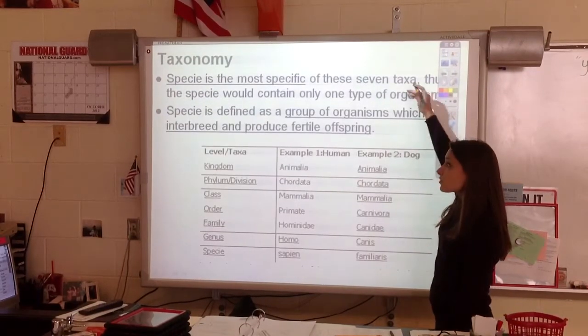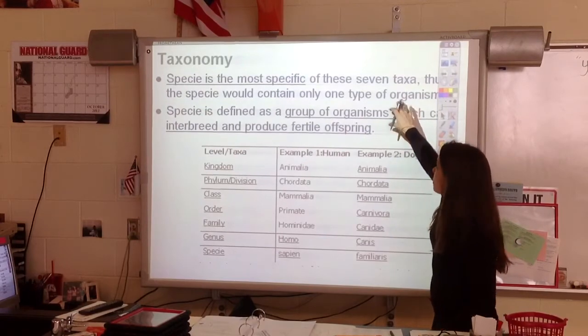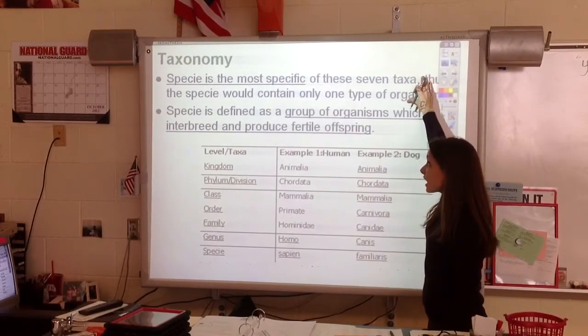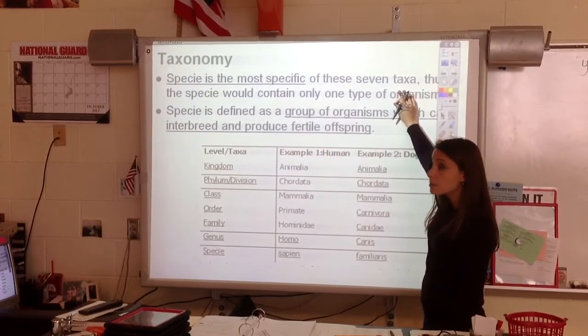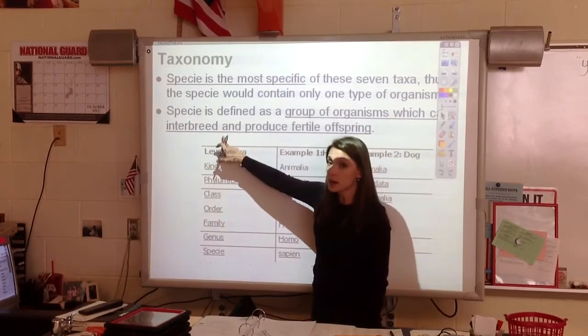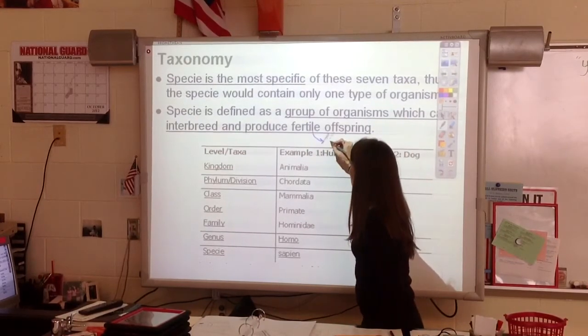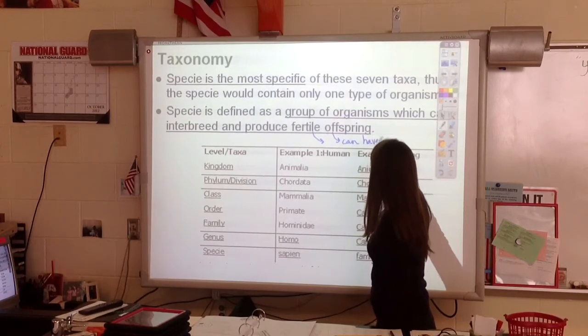Okay, the last part really looks at what the species level is. So understanding that it's the most specific and it would only contain one type of that organism, and that they can interbreed, they can mate, and produce fertile offspring. Fertile meaning that the offspring can have babies too.